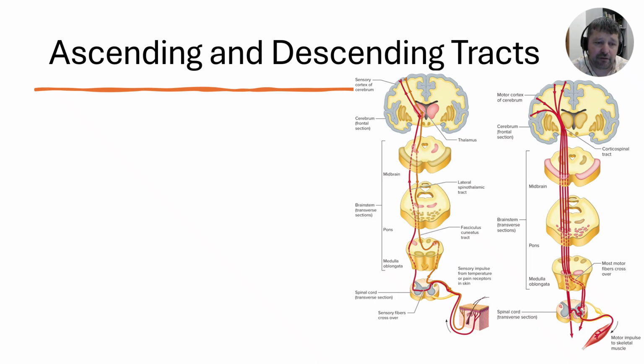So you can have sensory impulses related to pain or temperature, or other abrasions and discomfort, sent maybe from the skin to the spinal cord. That signal will be sent to the brain.